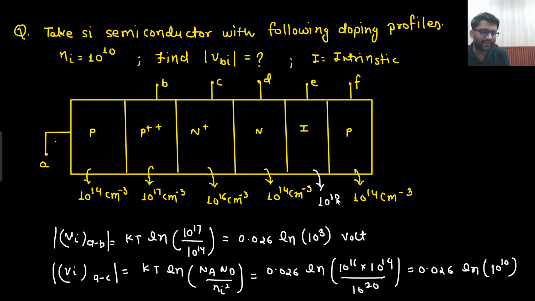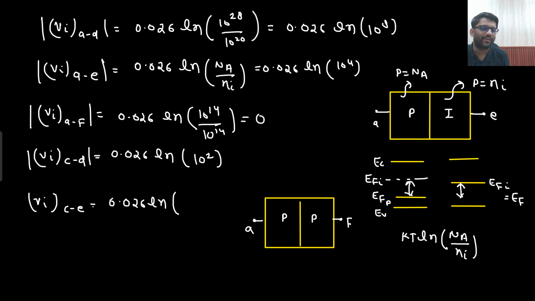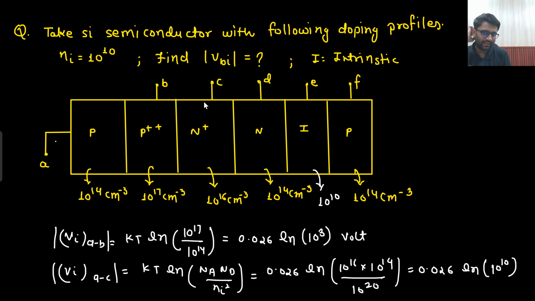Right? Electron and hole concentration are both the same, so here it will be 10 to the power 10. So 10 to the power 16 divided by 10 to the power 10. Or you can simply write Nd divided by Ni. So that would be 0.026 ln 10 to the power 16 divided by 10 to the power 10. That would become 10 to the power 6, right? Between C and E, 10 to the power 6.